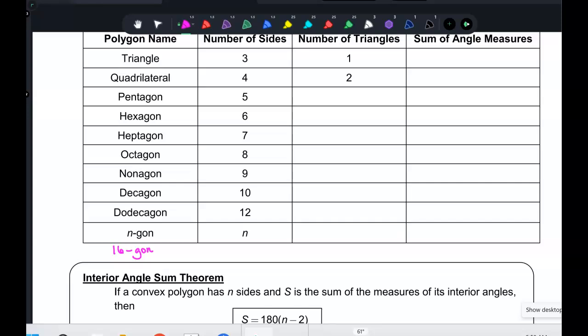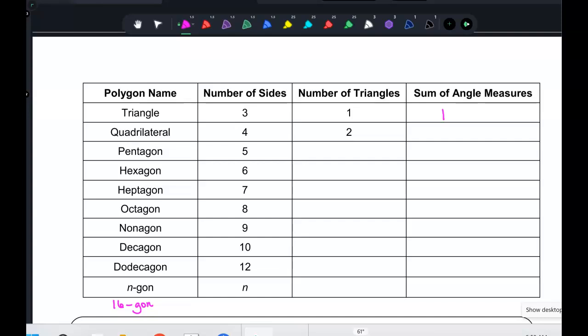Okay, so let's see if we can find the pattern. I know the formula is in the box below, but let's see why that's true. A triangle has 3 sides, and that adds up to 180. A quadrilateral has 4 sides, 2 triangles, so it has a sum of 360. A pentagon has 5 sides, but how many triangles? 3.